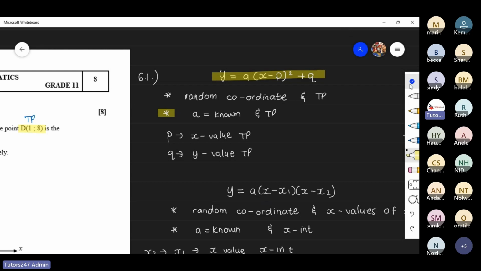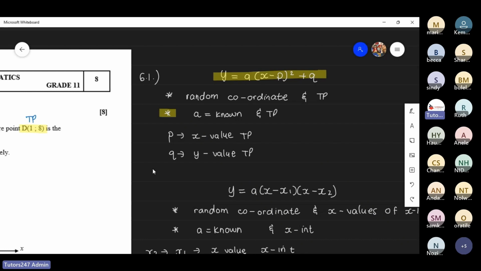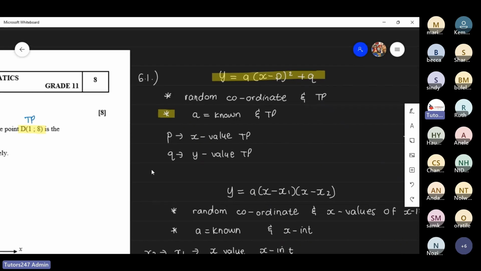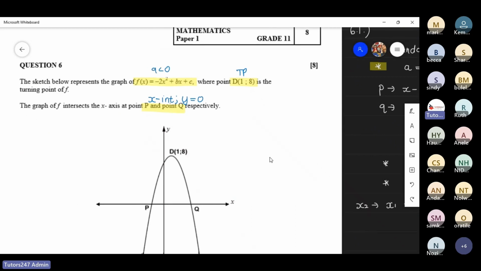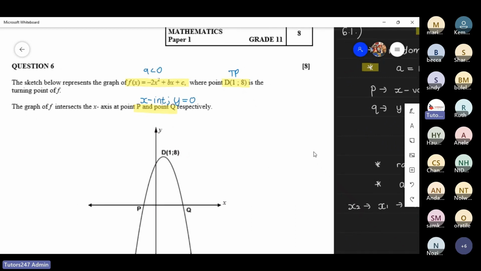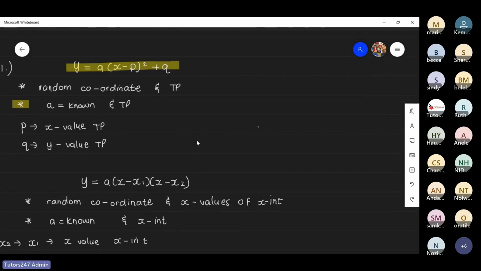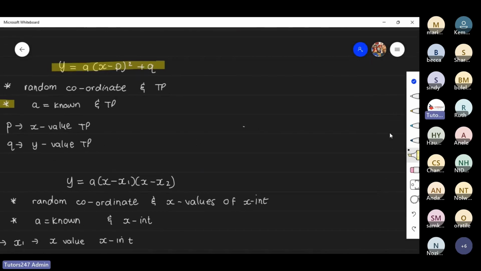So let us go back to the question. Now, we've mentioned that we are going to make use of our first method in order to calculate for B and C. So let us do that. So method number 1, all we need in order to use method number 1 is our A value, which is known, and our turning point coordinates.